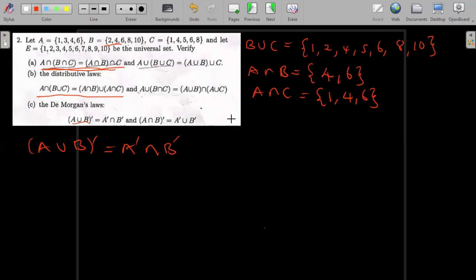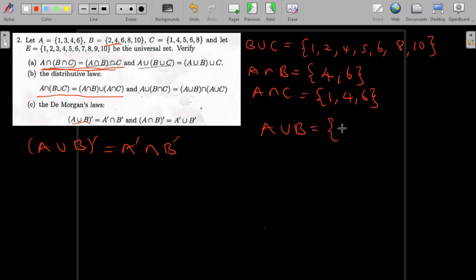So what is our A union B? I have to find A union B complement. So I can first find my A union B. My A union B is just going to be all elements that, when I combine A and B, make up that set.